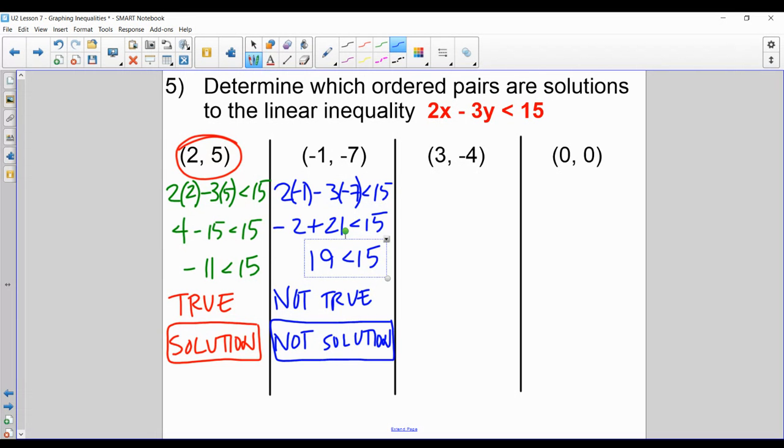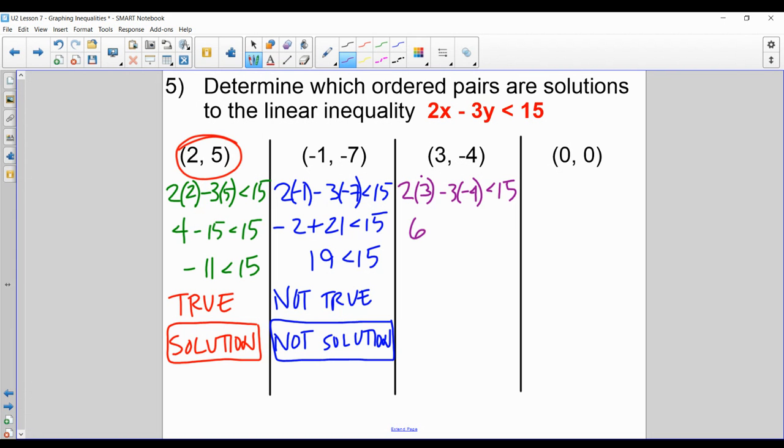Okay, if you look at this next one, we're going to plug in just like we have been doing, 3 for the x, minus 3 times -4 for the y, less than 15.